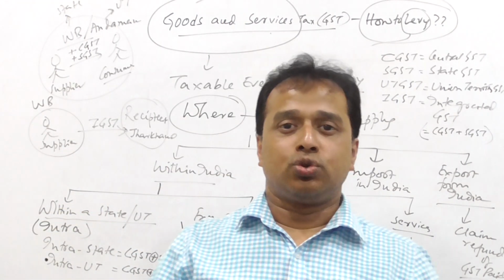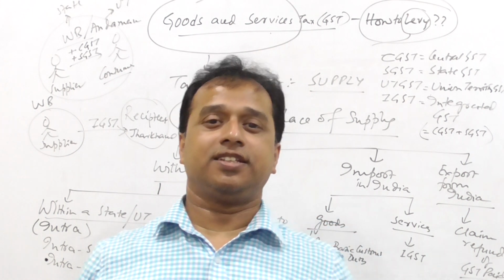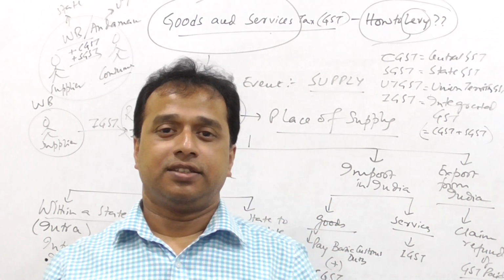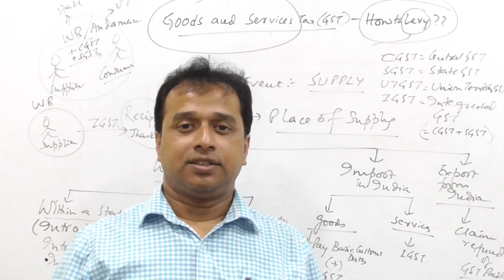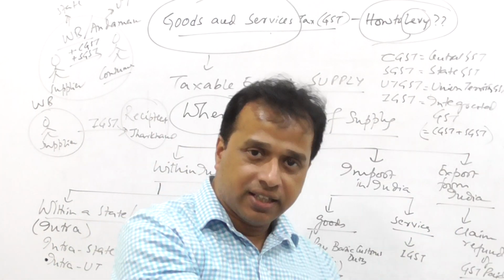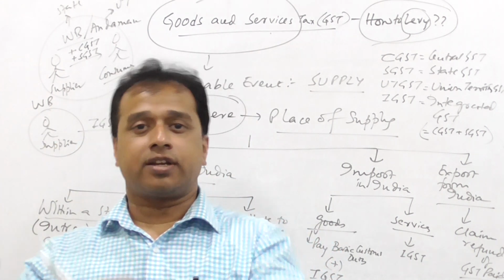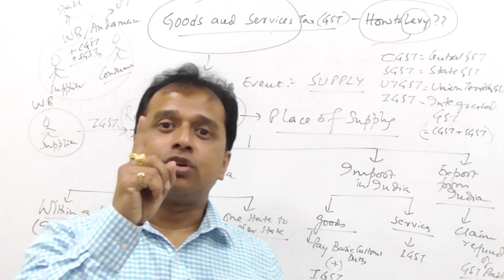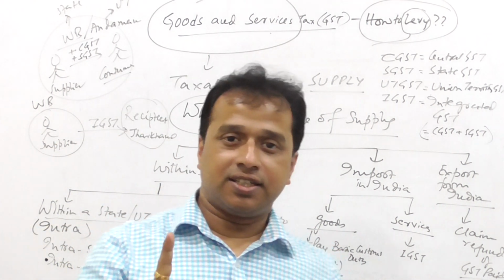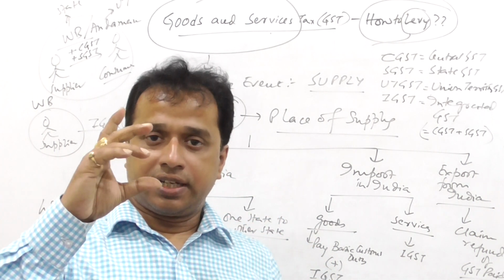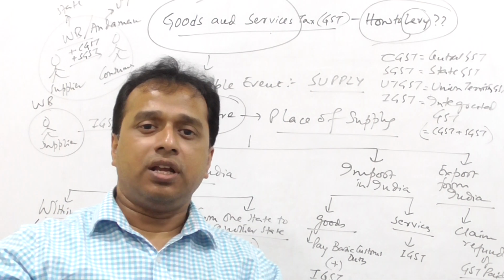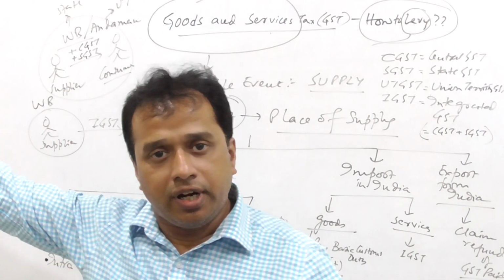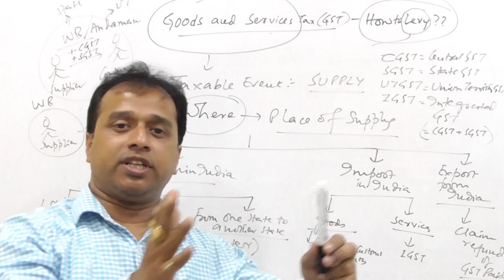Only to show transparency, the tax had been divided. What is the central's share and what is the state's share. Otherwise, it is only one GST getting classified on your tax invoice, and this is the portion which will be taken up by the central government and this is the portion which will be taken by the state government.